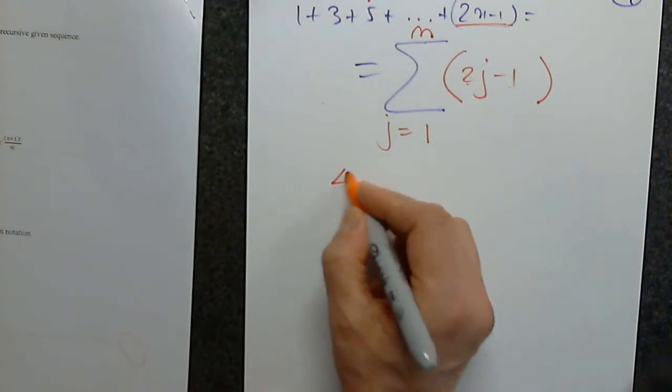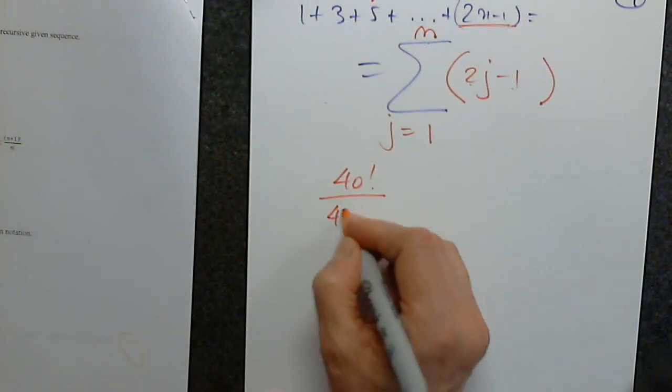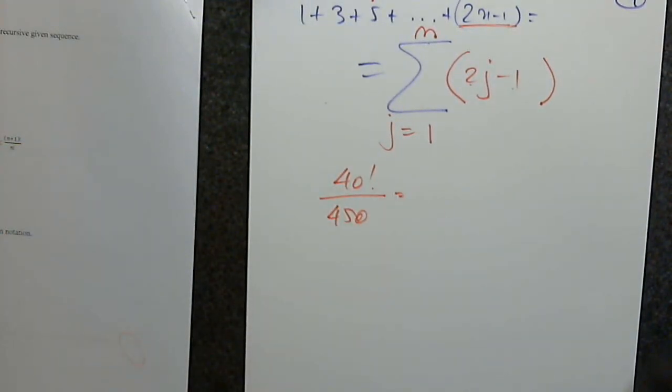Okay, and next is evaluate 40 factorial over 450. Yes? Please. You want to use k. It doesn't matter. It's just the index. We normally use i, j, and k for indices. Why? Because they are somewhere in the middle of the alphabet, and we say i, j, k from 1 to the last one.